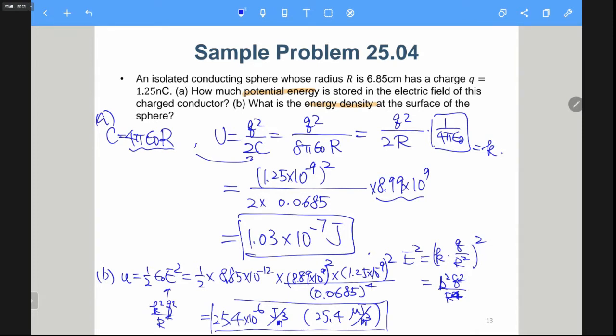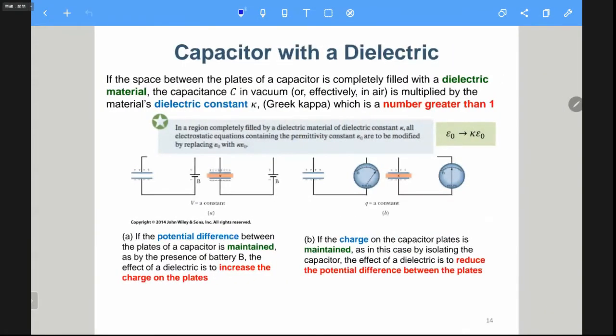Okay. So next, we talk about some hardcore physics. It is about the capacitor with dielectric inside. Previously, when we talked about the capacitor, it was about two parallel plates, and between them it would probably be air or vacuum.